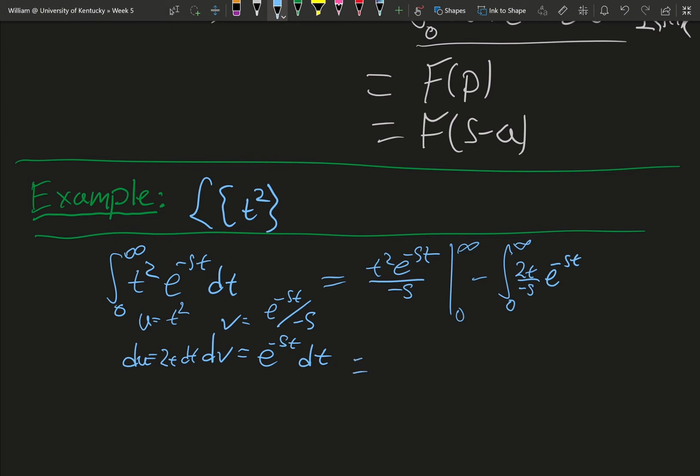Okay, so again, we'll look at this part here, see what's going to happen. We'll notice that s needs to be greater than 0 so that we get negative infinity, not positive infinity, which would blow up. And then we would have the limit as t goes to infinity of capital T squared e to the negative st over negative s, minus 0 e to the 0 over negative s.